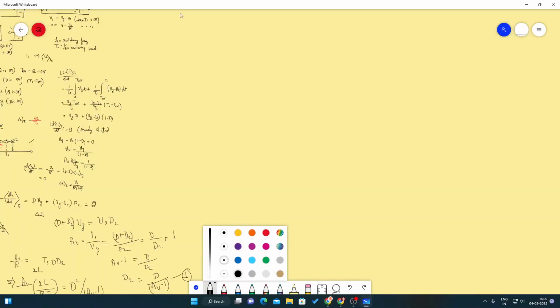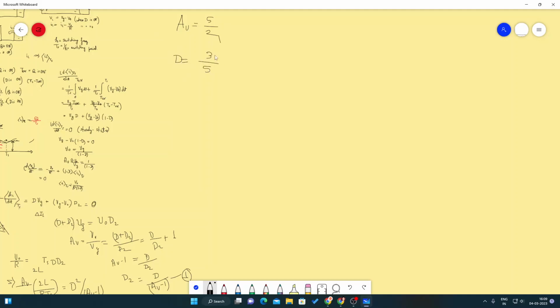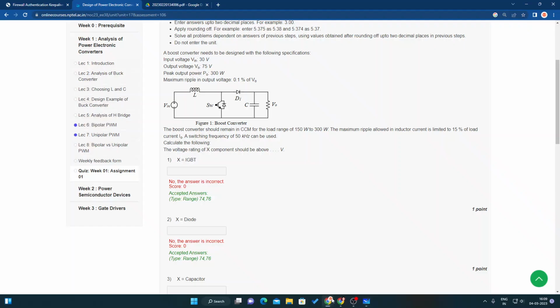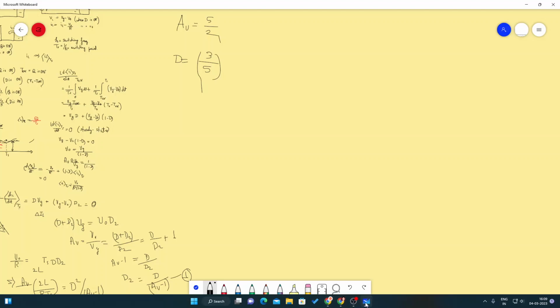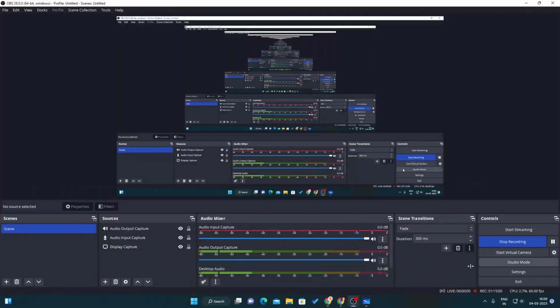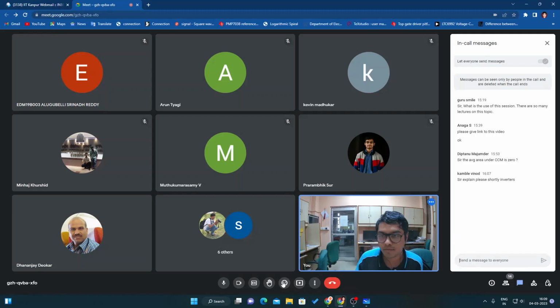Here the gain is given to be 5/2. The duty is given to be 3/5.